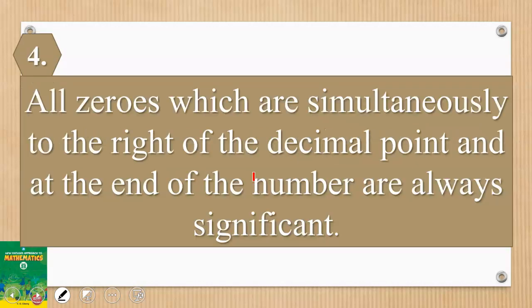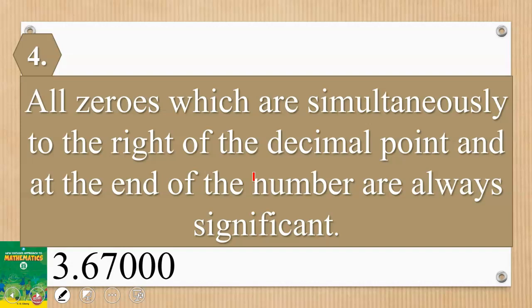Now point number 5, all zeros which are simultaneously to the right of the decimal point and at the end of the number are always significant. Now look at this, this is amazing.